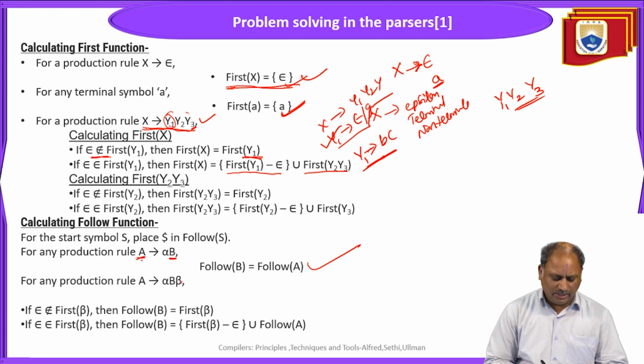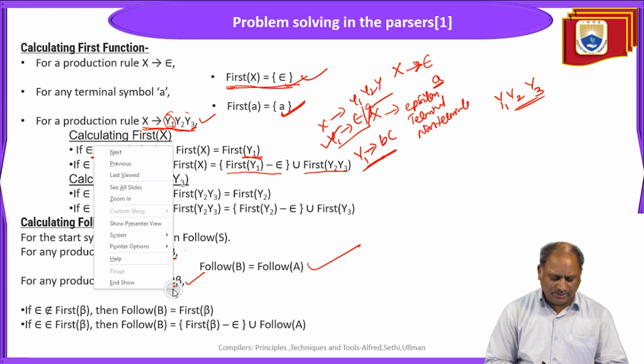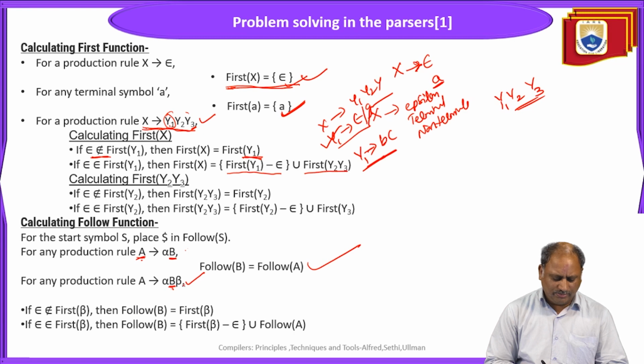Another production: A derives alpha B followed by beta. Previously there was no symbol after B, but here, while calculating follow of B, we have to verify whether epsilon belongs to beta or not.